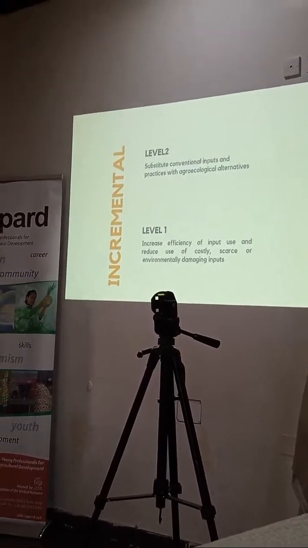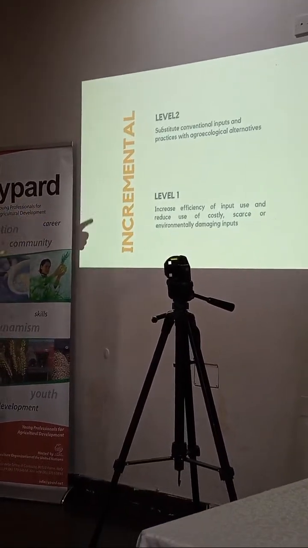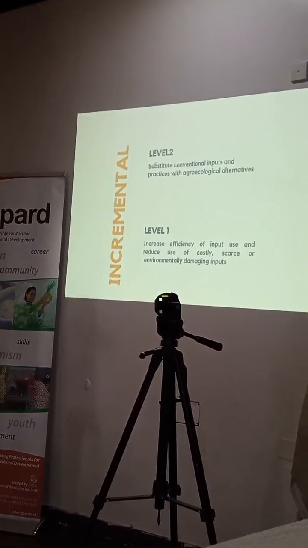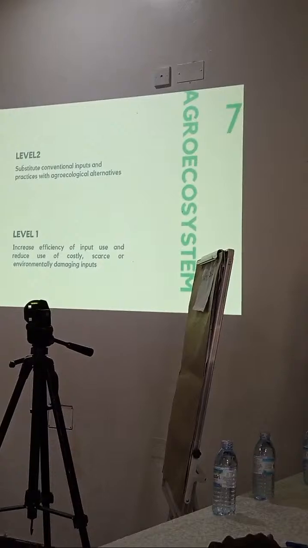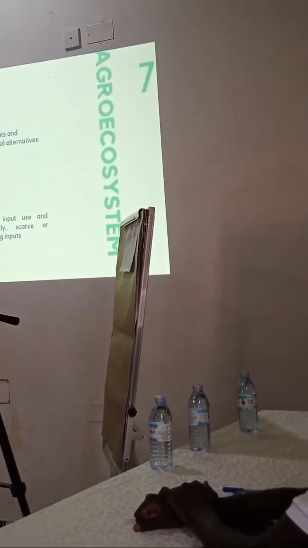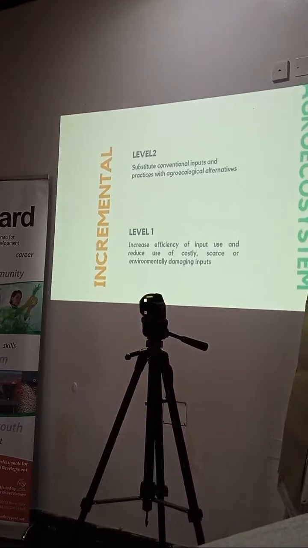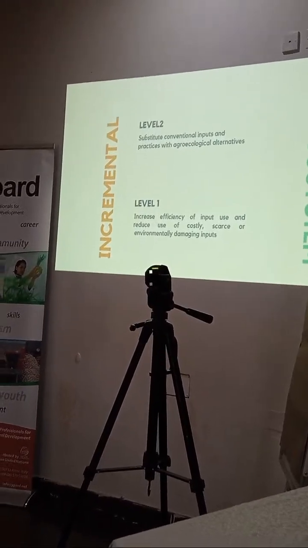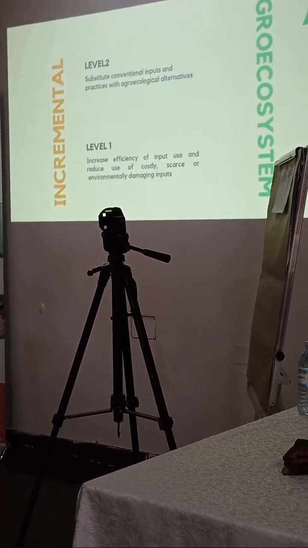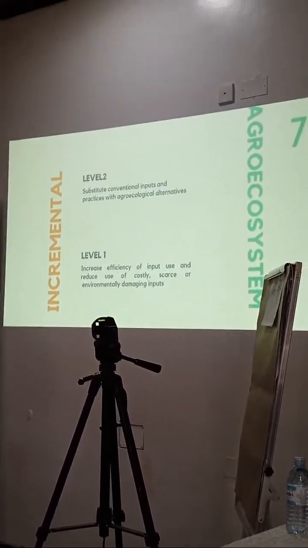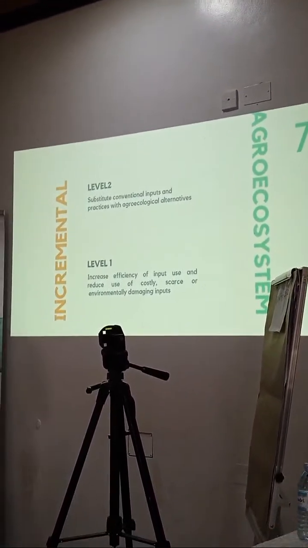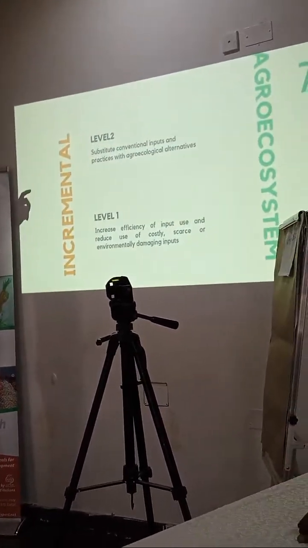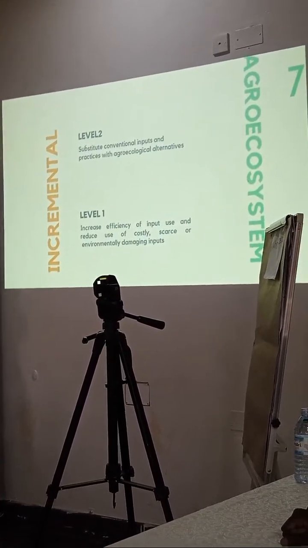Level number one, increase efficiency of input use and reduce use of costly, environmentally damaging inputs. So when we are transitioning, the first step is reducing environmentally damaging inputs. That means if I've been using a particular chemical, I start reducing. That is level one. Are we together? Level two, substitute conventional inputs and practices with agroecological alternatives.